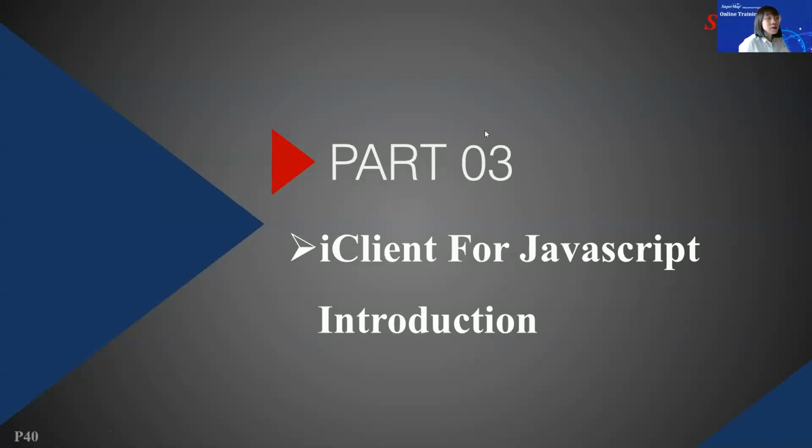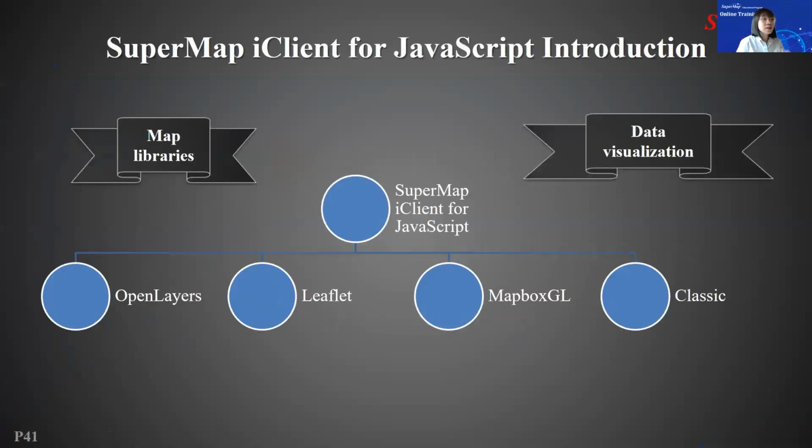So the third part is the iClient for JavaScript introduction. This is SuperMap iClient for JavaScript. It includes diverse map libraries like OpenLayers, Leaflet, and Mapbox, and we also integrate some data visualization libraries into SuperMap iClient for JavaScript.